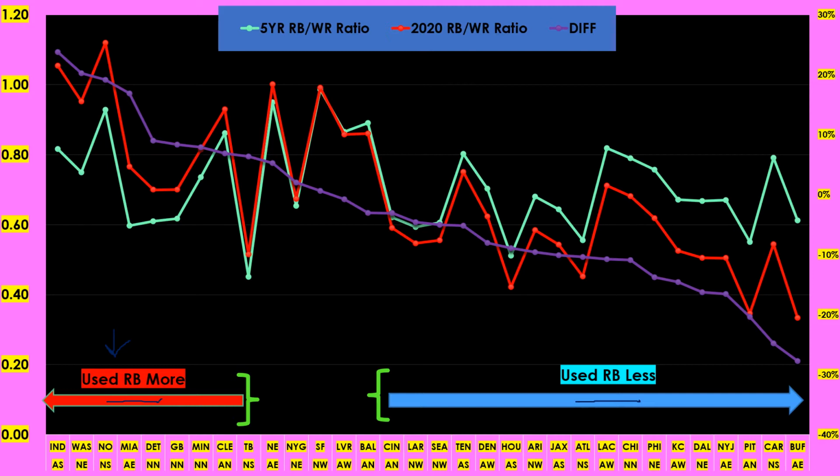Look at Carolina, Dallas down here had injury issues, so I'm not sure I'm buying those. But KC, Philadelphia, the Jets, Pittsburgh, all are going to have to show some strength in using their running backs more in 2021. It gives you some pause and a reason to be thoughtful about that.